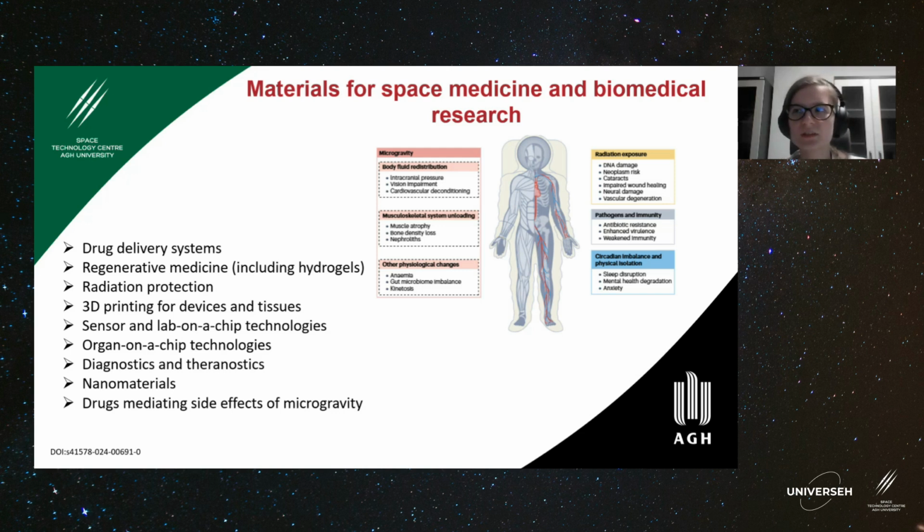Also, regenerative medicine must be taken into account, such as hydrogels including, for example, nanoparticles. For example, magnetic nanoparticles in hydrogel can stimulate bone regrowth, because in space, astronauts wouldn't have such an easy access to an operating room.